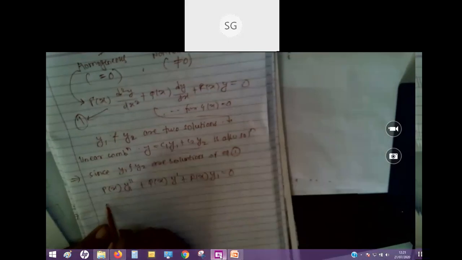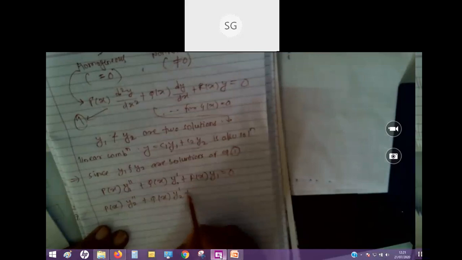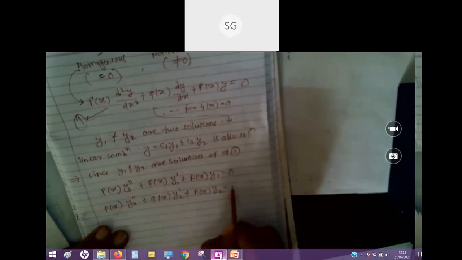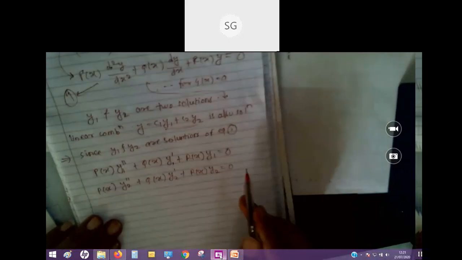Also I can write p of x y2 double dash plus q of x y2 dash plus r of x y2 equal to 0. Okay, are you getting this?